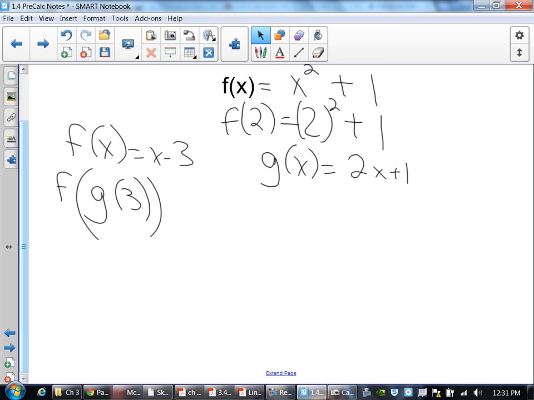You start on the innermost and just work your way out, just like you would earlier. So here on the innermost it says, what is g of 3? Well, g of 3 tells me to use the g equation and substitute in for 3. So you get f of whatever 2 times 3 plus 1 is.